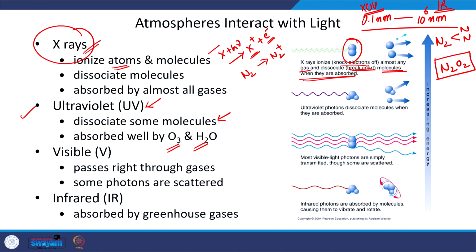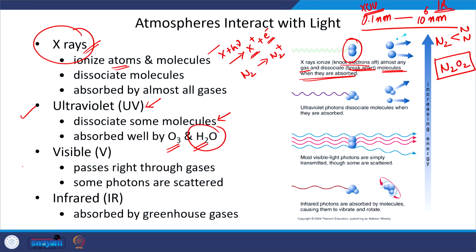As a result, we don't receive that much ultraviolet radiation on the surface. Water vapor, which is also abundantly present in the Earth's atmosphere, is also a good absorber for ultraviolet, right? So looking back, we have X-rays which can pretty much ionize anything and dissociate all the molecules. Then we have ultraviolet, which can dissociate some molecules and can also contribute towards ionization.